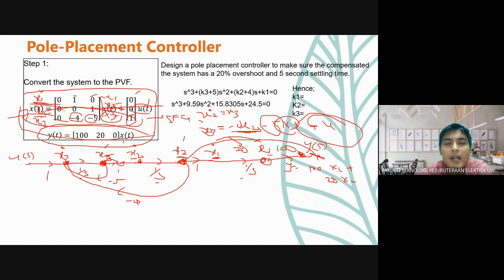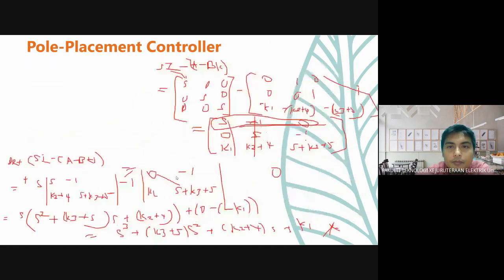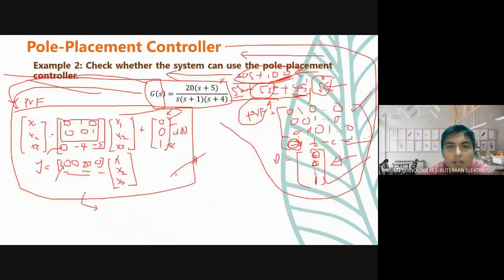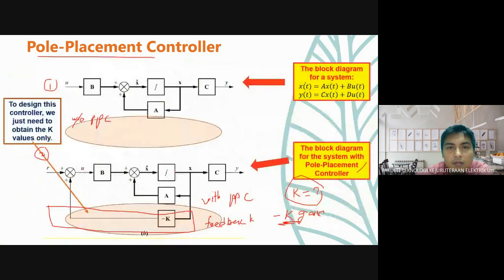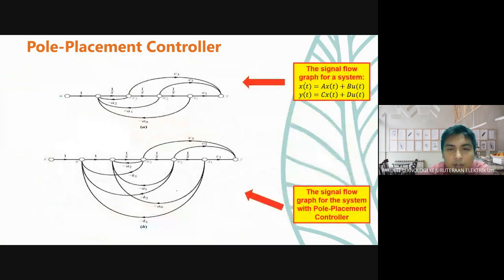So as I mentioned before, according to the signal flow graph for this system, you just need to add the feedback. You just need to add another point here. This is your x3 dot.